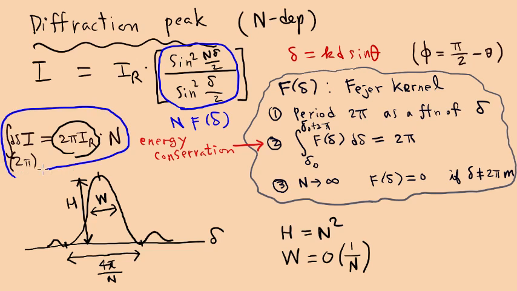This integral is the total area, and the total area should be mostly in the principal maximum peak. So if the total area is of order n, then the area of the principal maximum peak should also be of order n. This discussion makes it clear that that's true.